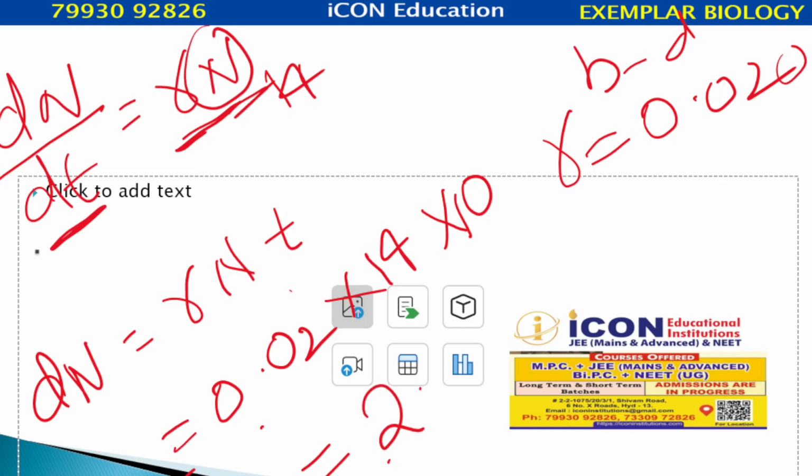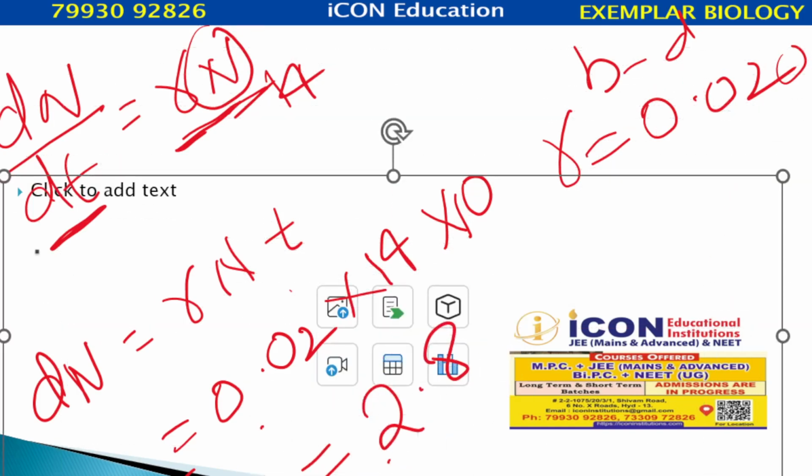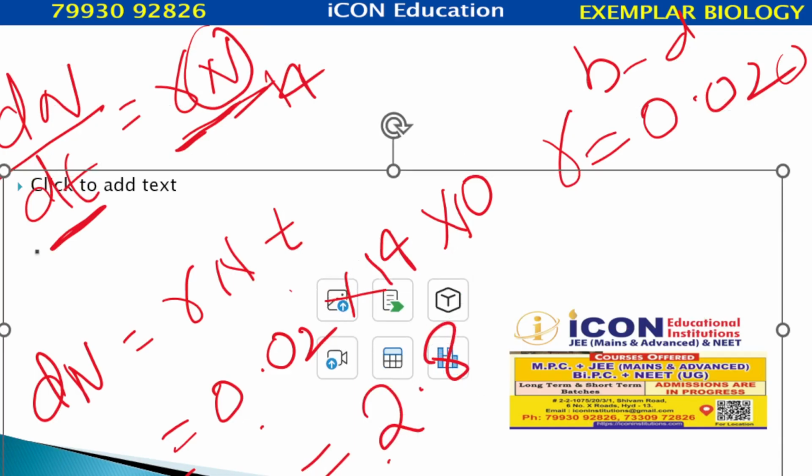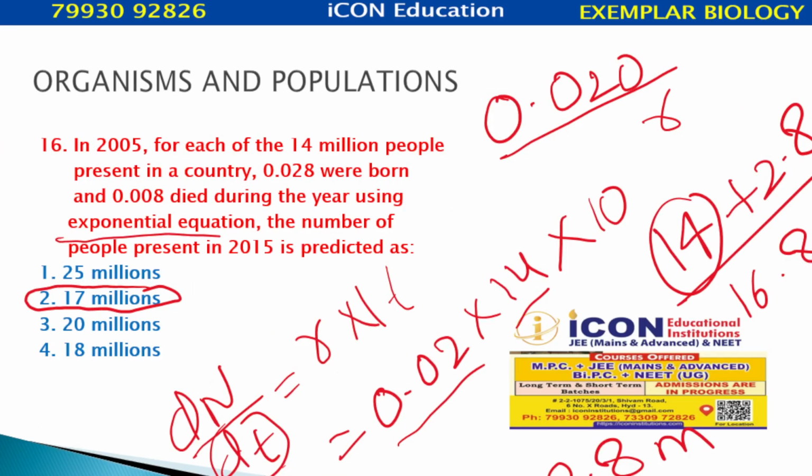So it will come nearly 2.8. If we add 14 million and 2.8, that will come to 17 million nearly as the answer. So this is the question. Okay, now moving on.